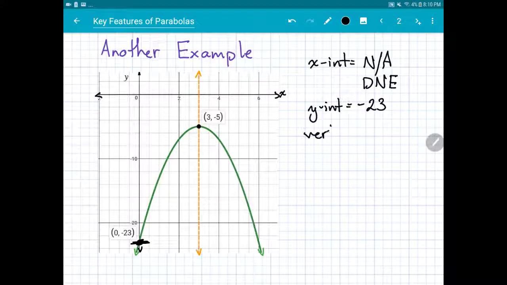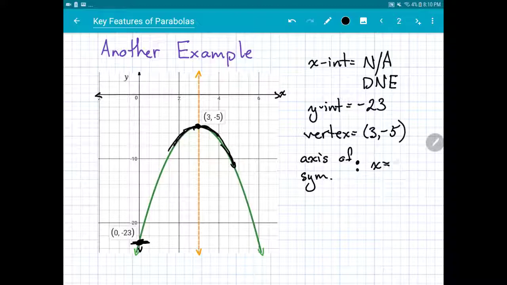And the vertex is this turning point, right? Where we stop going in one direction, we start going the other. We're not going up anymore, we're coming down. So that turning point is the vertex. We're going to call that (3, -5) in this case. And we have an axis of symmetry of x equals 3.